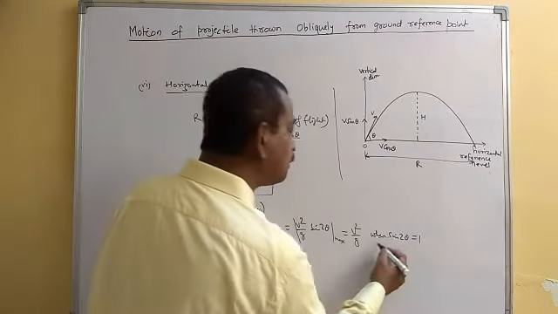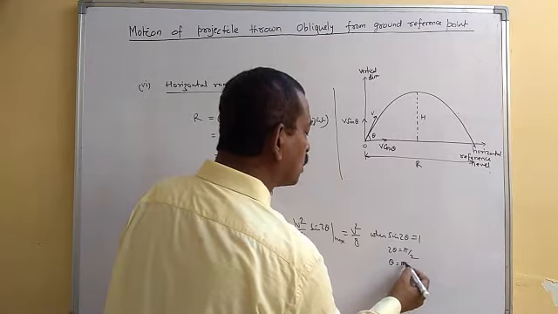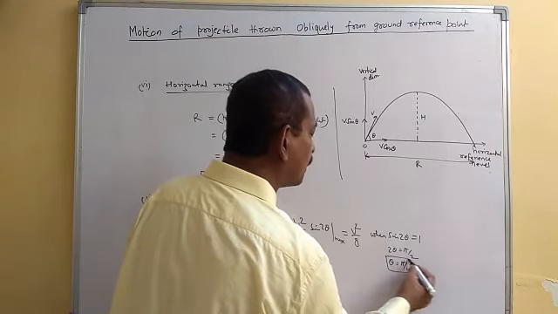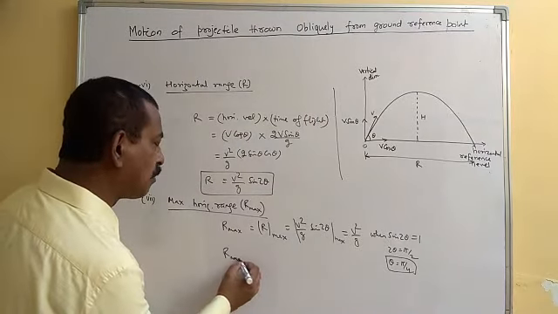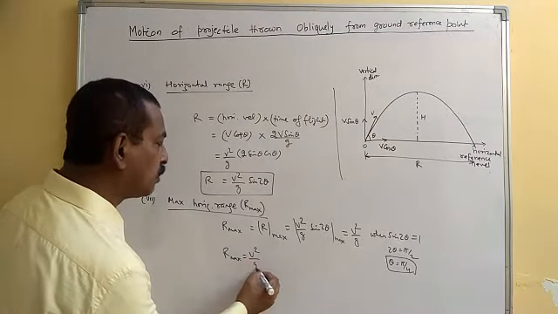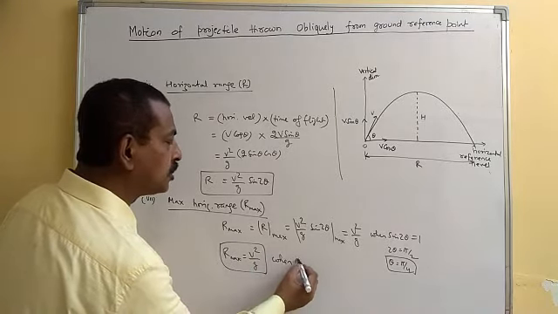That means 2 theta is pi by 2, or theta equals pi by 4. So R max is v square by g, and this happens when theta is pi by 4.